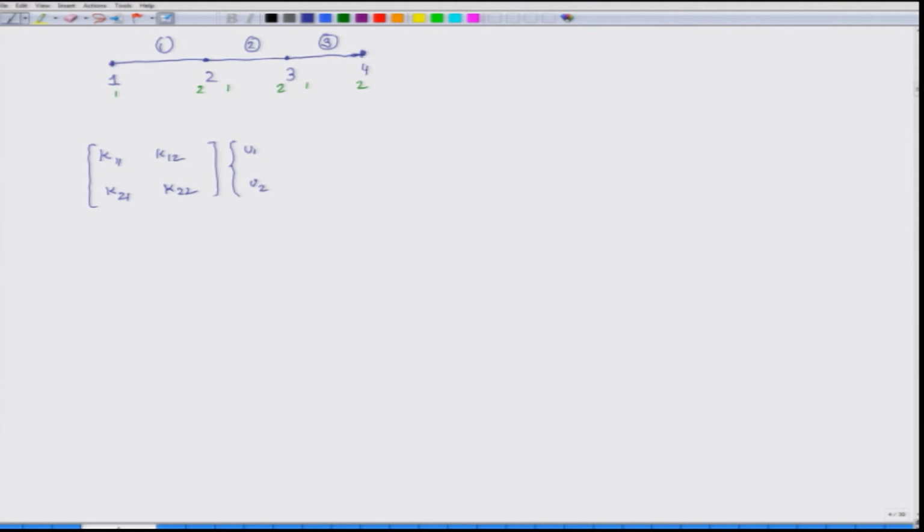U1, U2 is equal to F1 plus Q1, F2 plus Q2, and this is for element 1. So, everywhere I have the superscript 1.